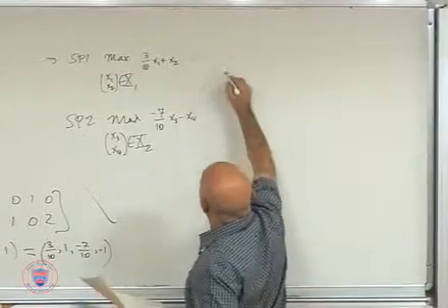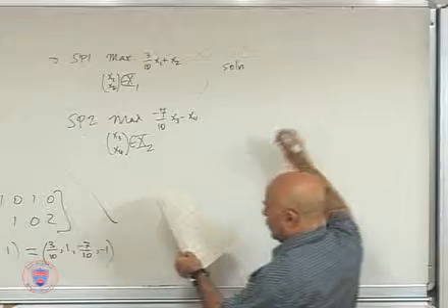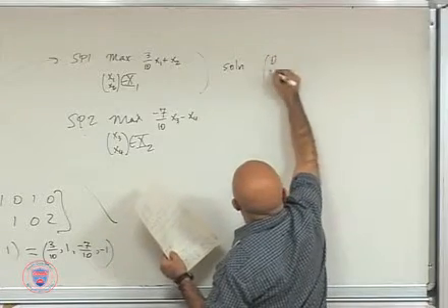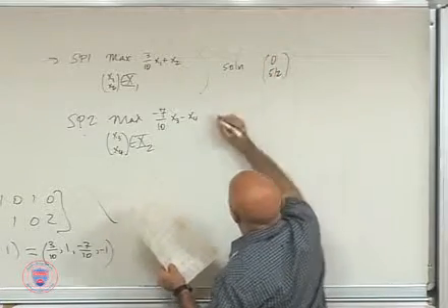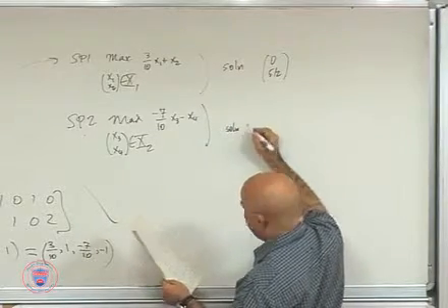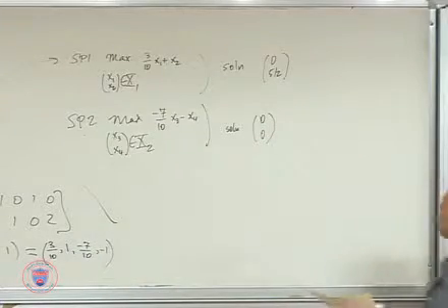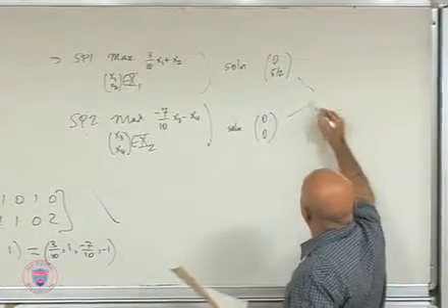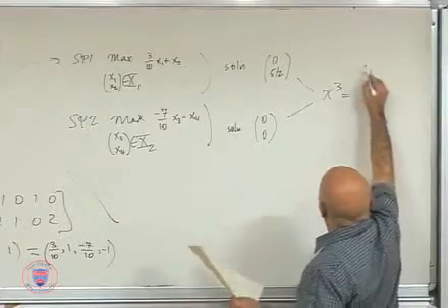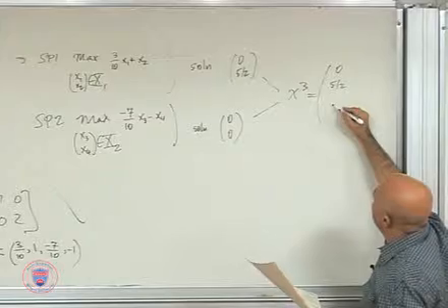Okay, so the solution here happens to be 0, 5 halves. And the other one gives you a solution of 0, 0. So, combining these two, my third extreme point is 0, 5 over 2, 0, 0.